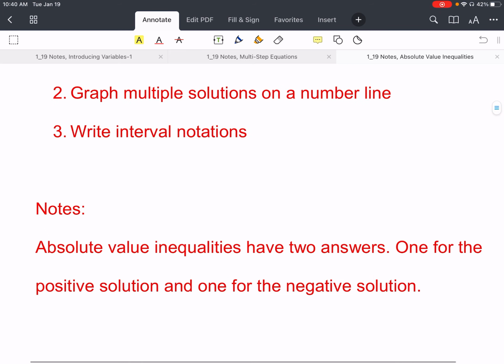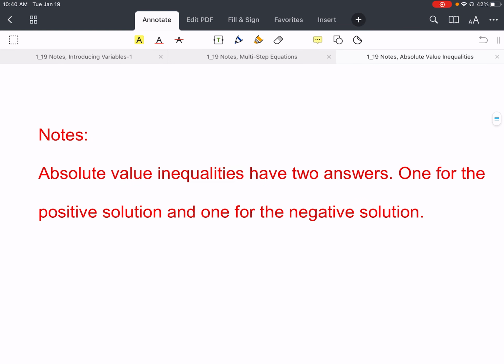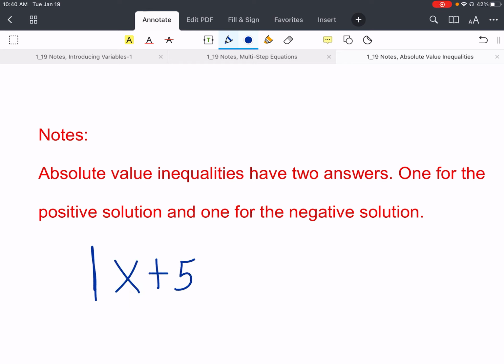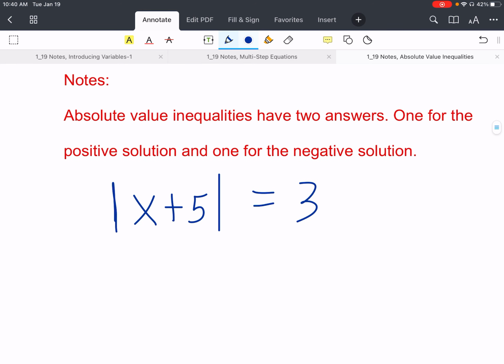So we just want to remember that absolute value inequalities have two answers, one for the positive solution and one for the negative solution. If we have something like the absolute value of x plus 5 equals 3, then we want our two answers: one equal to positive 3 and one equal to negative 3, because the absolute value of a negative also results in a positive.